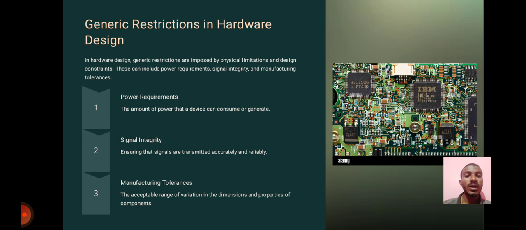Signal integrity: ensuring that the signal is transmitted with accuracy and reliability. Manufacturing: the acceptable range of variation in the properties of components.